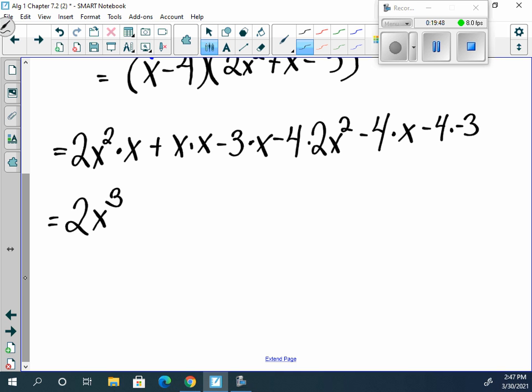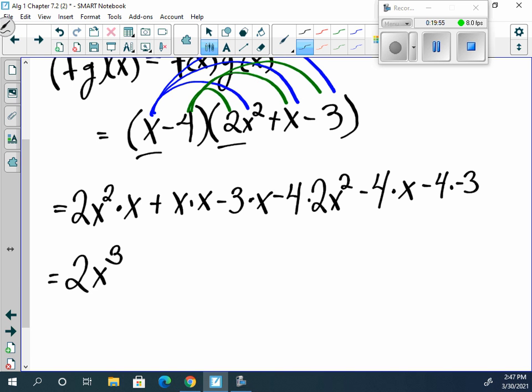How did you get that many x's? If you multiply x by everything, and then you multiply negative 4 all the way across? Because x times x squared gave us 2x squared times x, x times x, and x times negative 3.